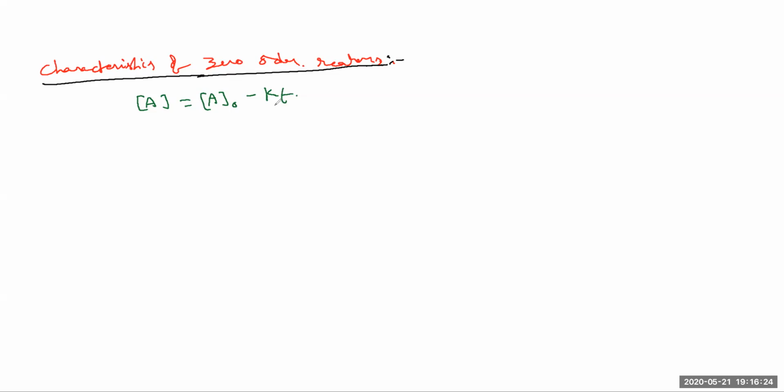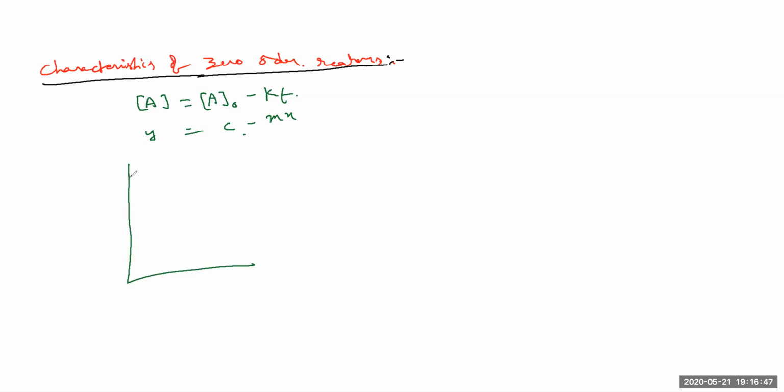So now it is the y is equal to mx plus c formula, you know. Here it is y is equal to mx minus c, not plus c. So straight line equation, the slope is negative k. So observe the curve now.